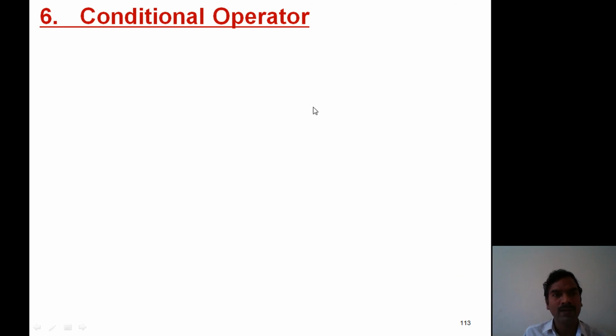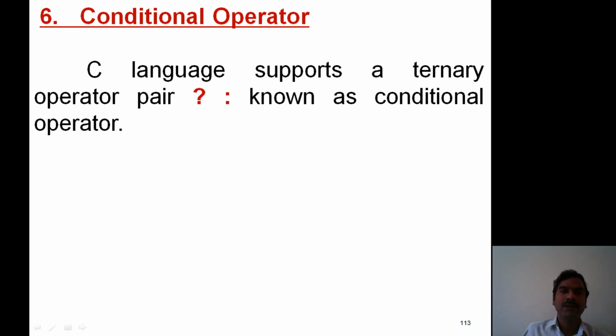Now we go for one more operator, the conditional operator. This one is important. In C language, there is a ternary operator pair, question mark colon, which is known as the conditional operator.